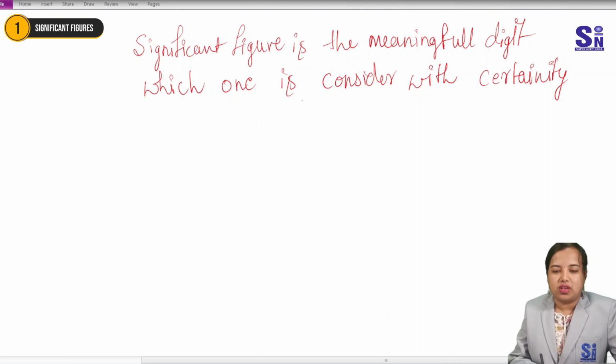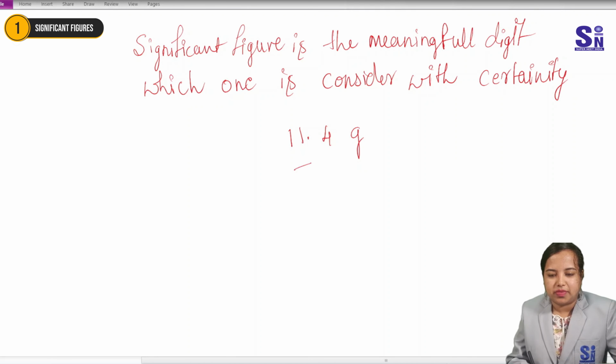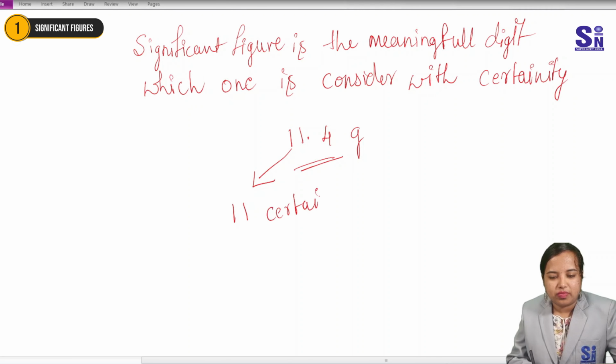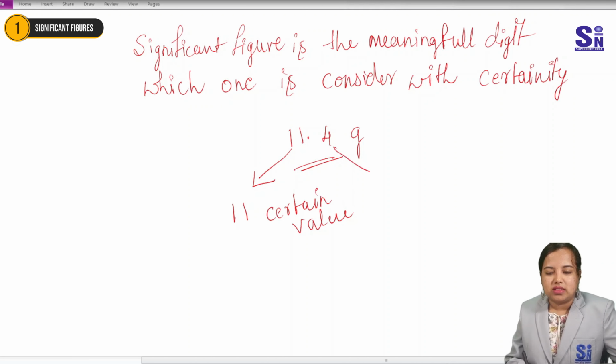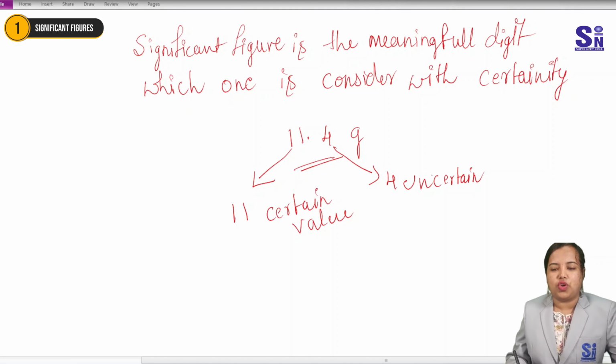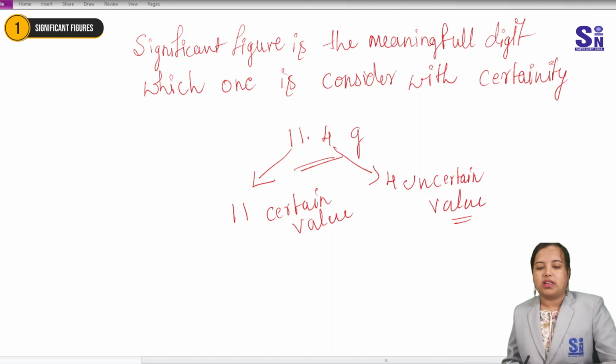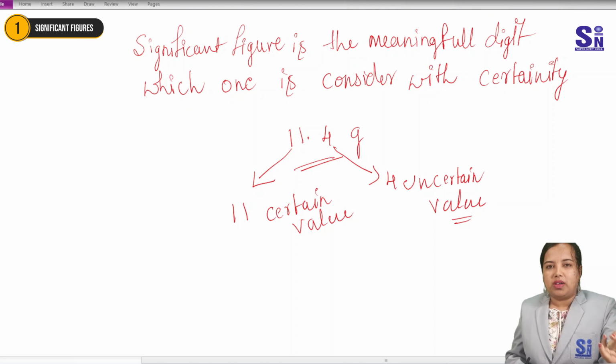See, if we write 11.4 grams, in this 11 is a certain value. Certain value means which does not change, okay? And 4 is an uncertain value, because it is going to vary a little bit, it has to undergo changes, okay? Uncertain value. This is the meaning of significant figures.